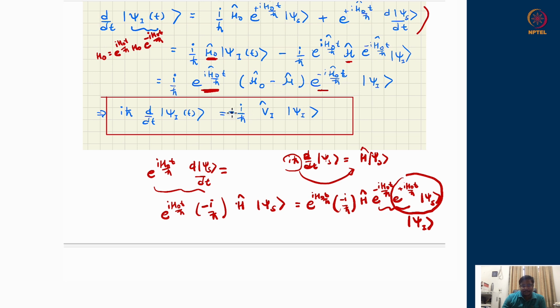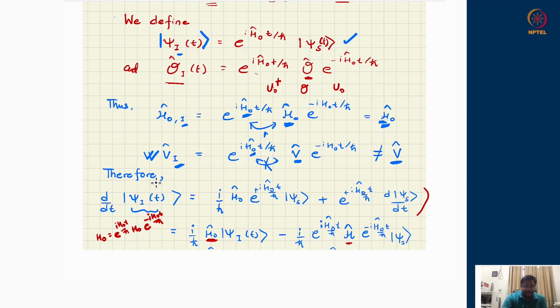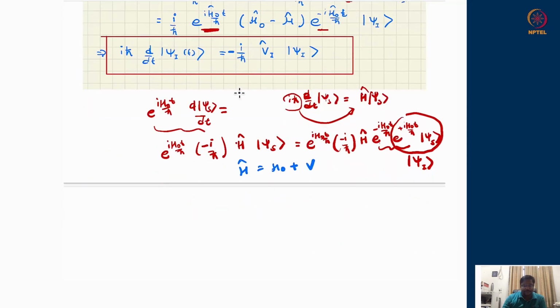So there should be a minus over here, a minus of the potential, because remember the full h was h naught plus the potential, and then the potential gets squeezed between e to the power i h naught t and e to the power minus i h naught t to give rise to the V interaction. So I will get a V interaction over here, and on the left hand side, therefore, this should not have been there.